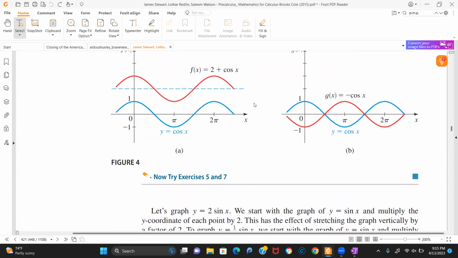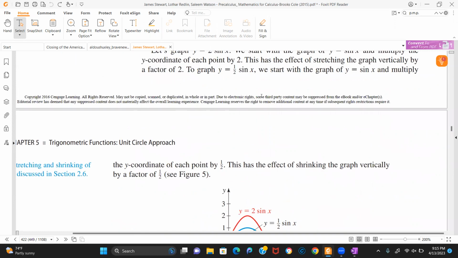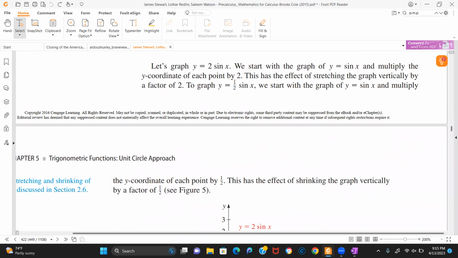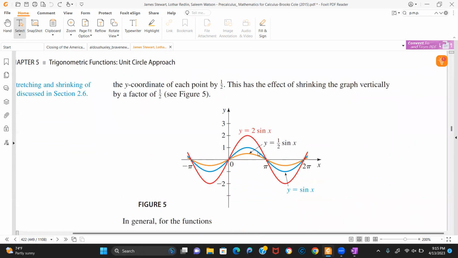And so these are reflections or translations, but then you can also vertically stretch right here by, say, 2, or you can shrink by 1/2. So here is a graph of those. The graph in blue is just the original cosine curve, and when you multiply by 2, you get the red curve that stretches it.